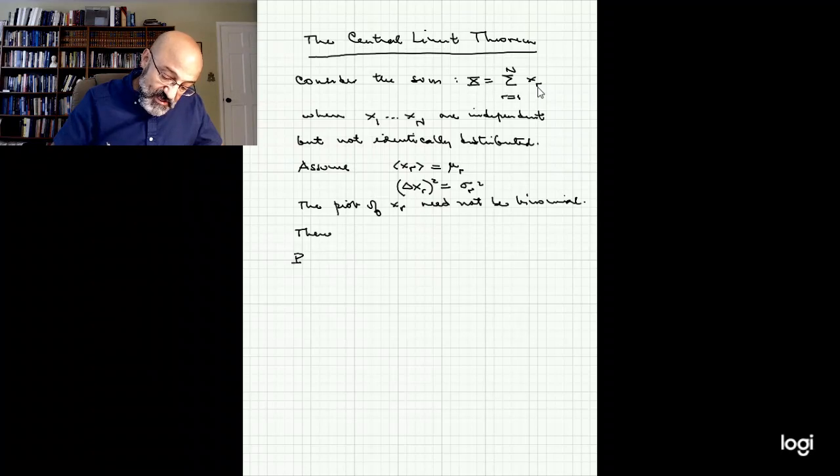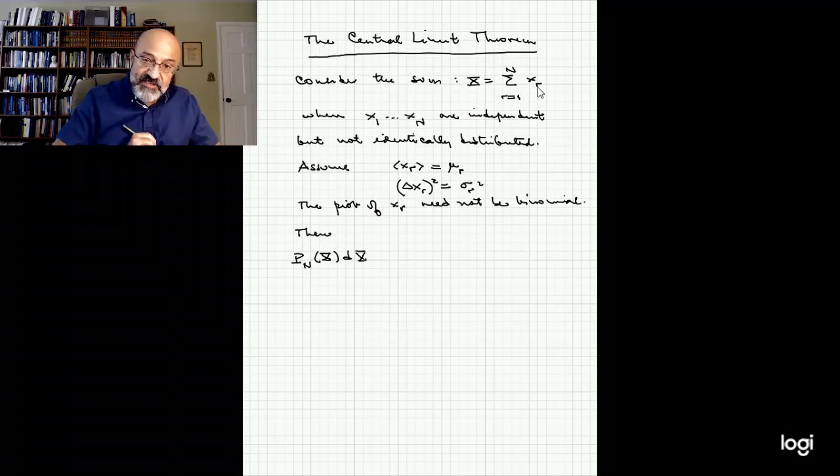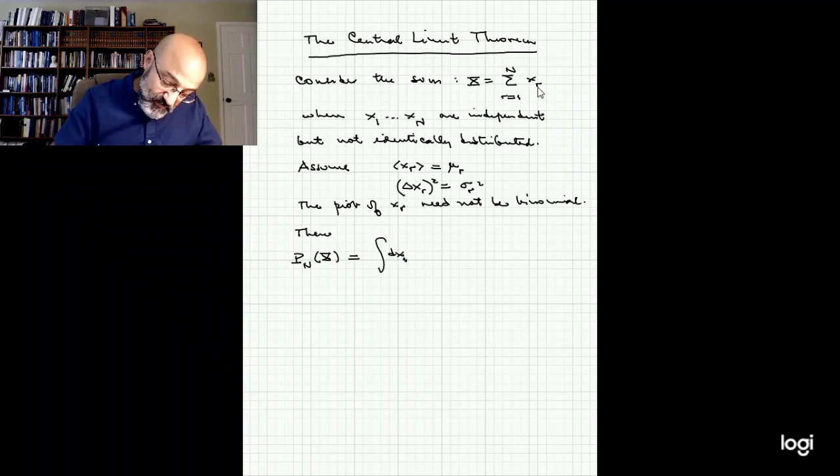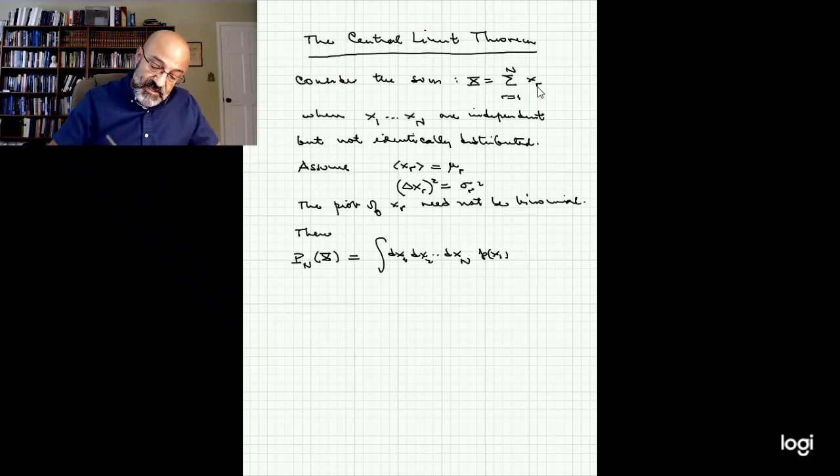The probability of, after n sums of the macroscopic variable, this is the probability density, and I ought to write the dx here, but I'm not going to, just because the dx is going to appear on both sides of the equation. And so the way we do that is we sum over all the probabilities of x1, x2, xn.